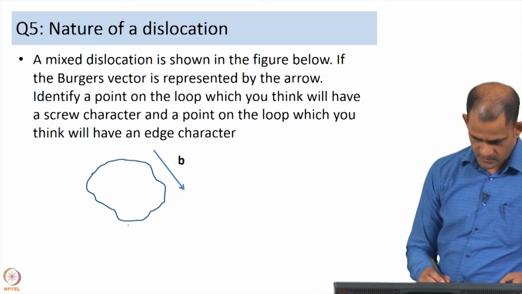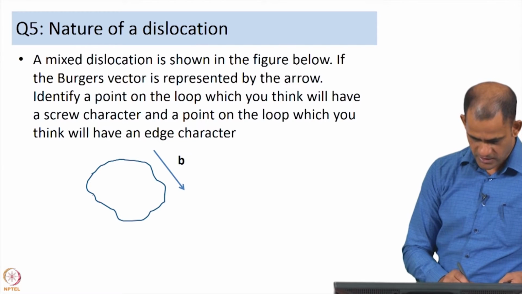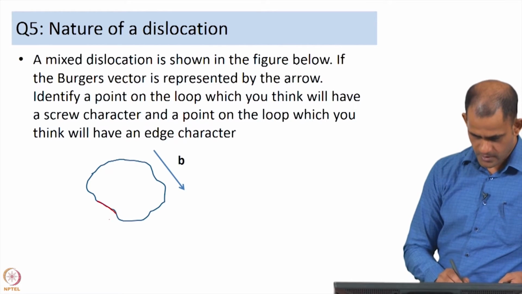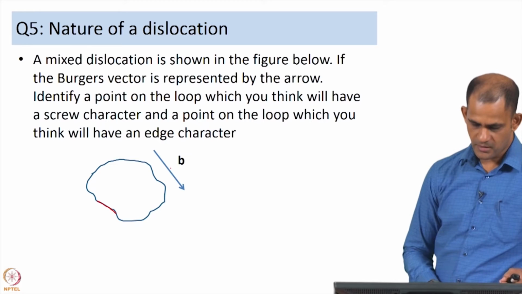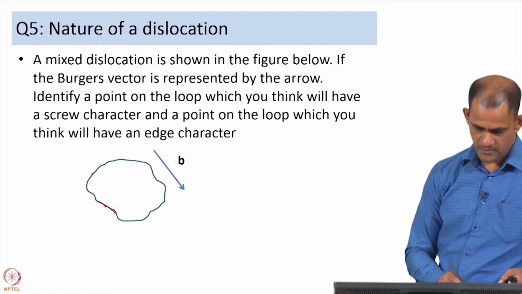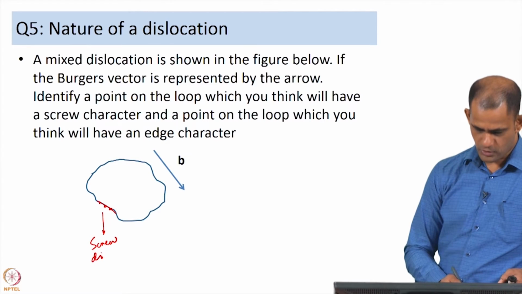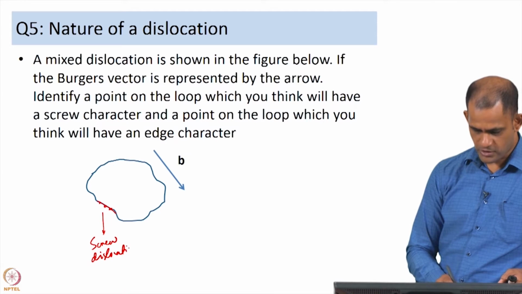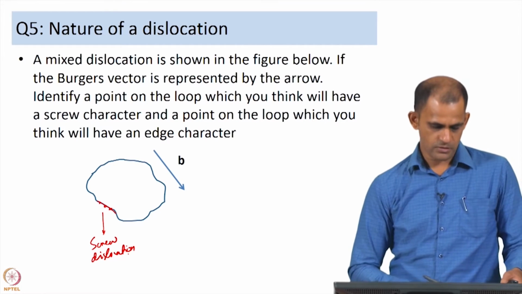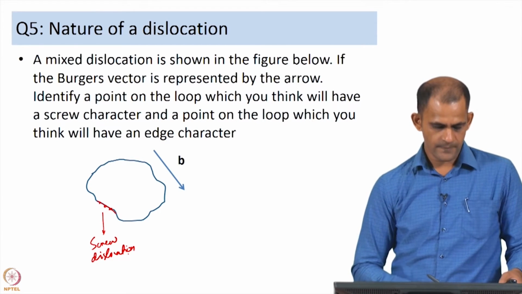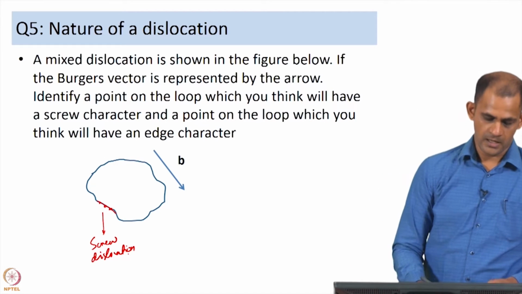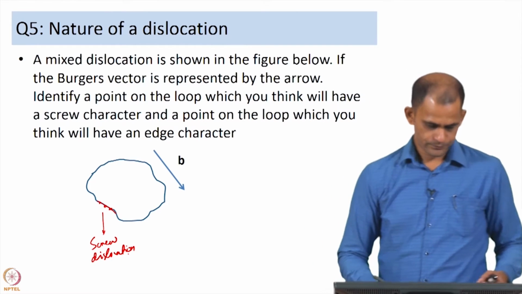This segment of the dislocation will be more or less parallel to the Burgers vector, which means any point on this segment will have a screw character.